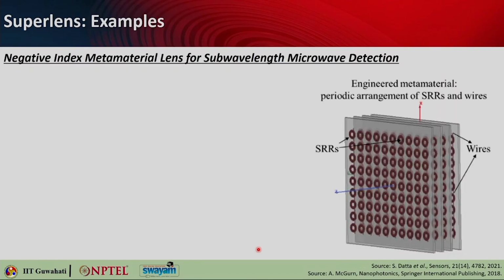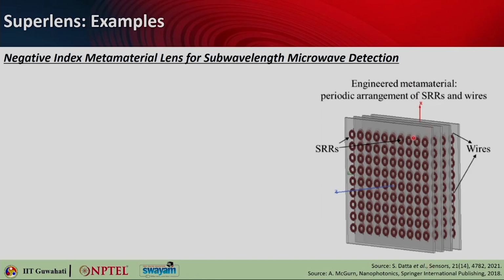Okay, so people have also used negative index metamaterial lens for sub-wavelength microwave detection. So this is a very common structure that you see in microwave for realizing negative index metamaterial. Here it is a periodic arrangement of split ring resonators and wires. We have seen this kind of arrangement.